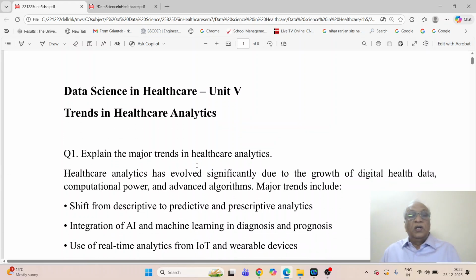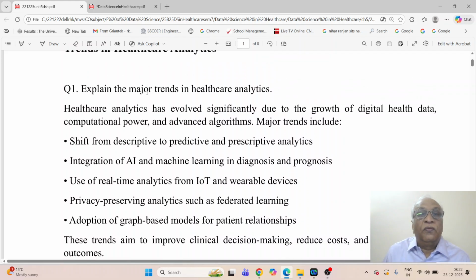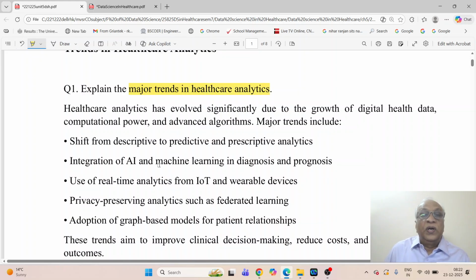Now coming to the first point, what are the major trends in healthcare analytics? So healthcare analytics has evolved because of growth of digital health data, computational power, and advanced algorithms.